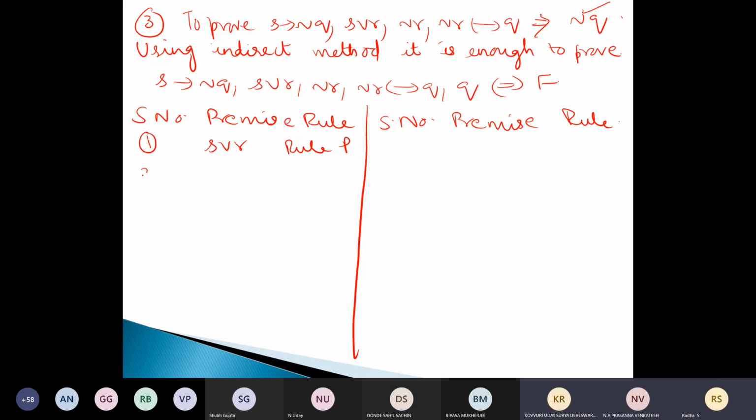Okay, S or R. Then, good. Then not R. Then by 1 and 2 disjunctive syllogism we can prove S is true. So from 1 and 2, using disjunctive syllogism.